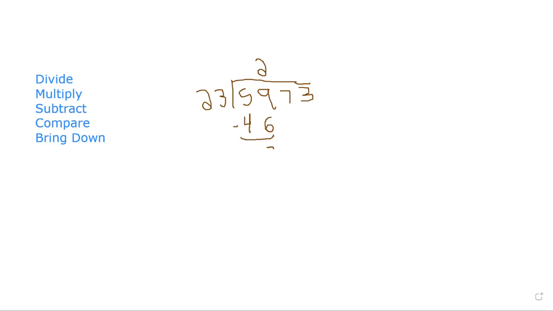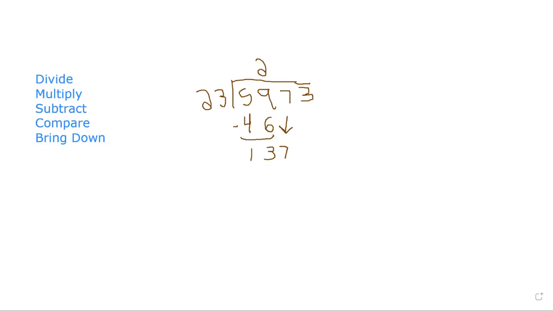9 minus 6 is 3. 5 minus 4 is 1. We have 13 left over. Our next step is to compare. Is 13 less than 23? In fact, it is. So now we bring down. And when we bring down, we bring out the next digit, which is a 7 in this case, from the top. So I put a 7 right next to the 13 that was the difference in my subtraction problem.